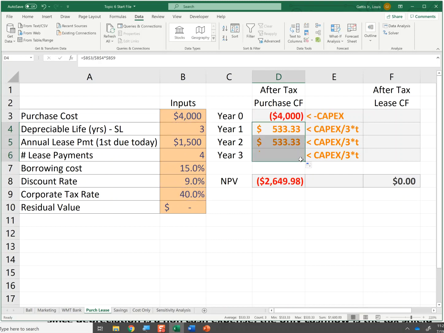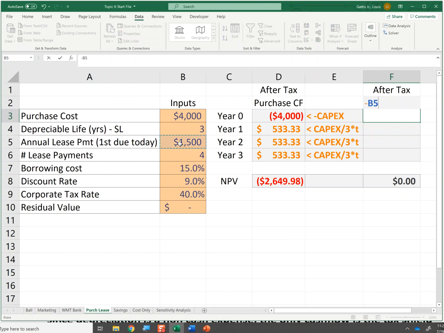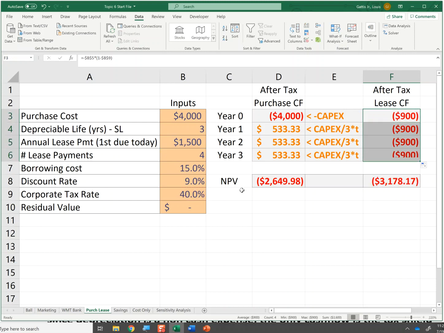That's my depreciation tax yield. My lease costs me $1,500 a year. Anchor that times my 1 minus tax rate for my after-tax expense. And there it is. There's my NPV of purchase versus lease. Looks like the purchase has a lower NPV of cost, so I'm going to purchase and not lease.